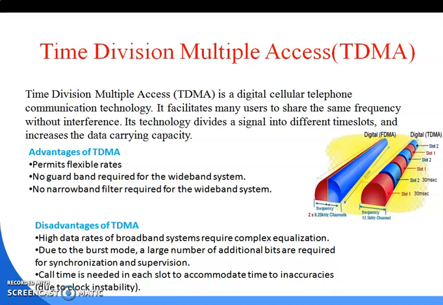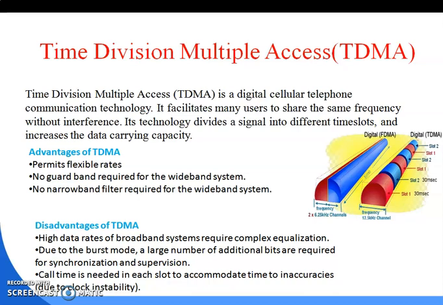So TDMA is used in digital 2G cellular systems such as Global System for Mobile, GSM, and the Personal Digital Cellular, PDC. It is also used extensively in satellite systems.